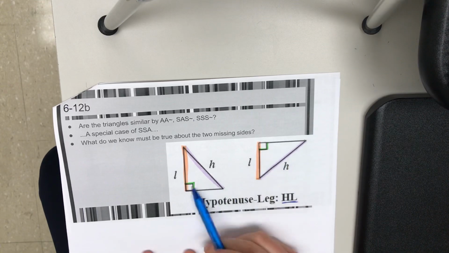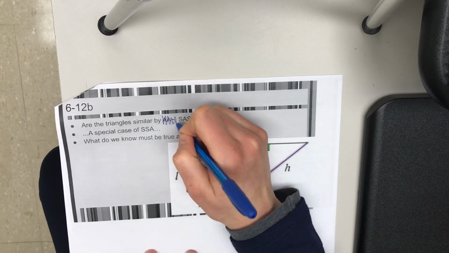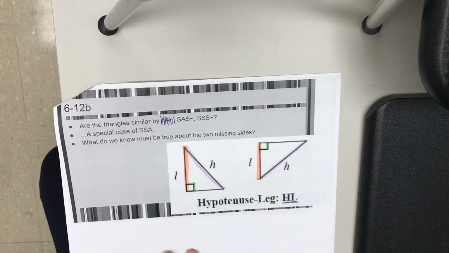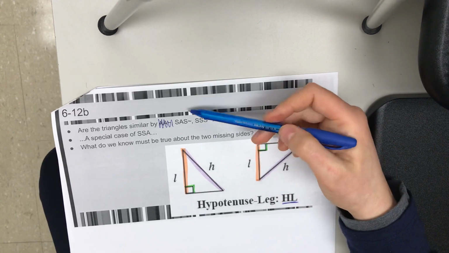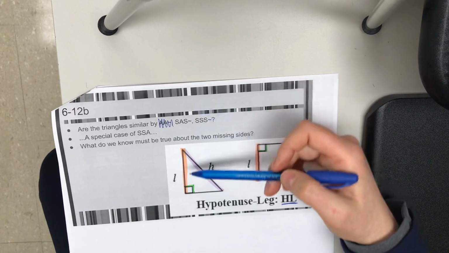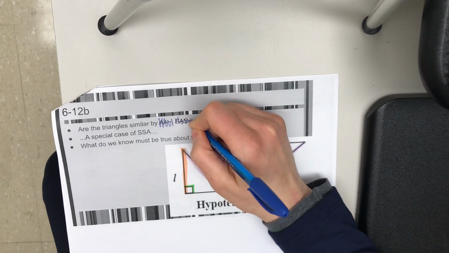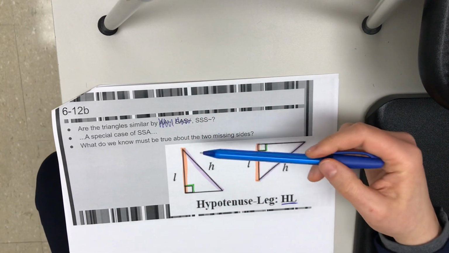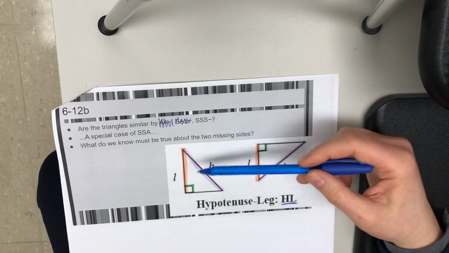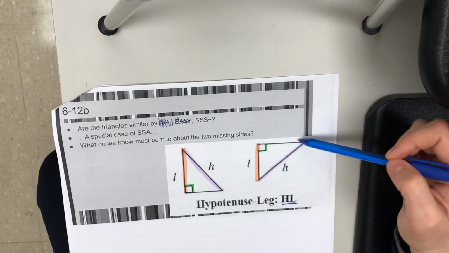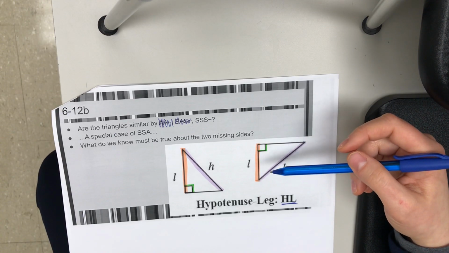Again, it's only 1 angle in each triangle. It is not angle-angle. I can't figure out these angles without more information. It is also not side angle side because this angle does not connect the 2 sides that I know. And you're probably thinking, well, there's no way it's side either because we don't know the third side. And you'd be mostly right, okay?